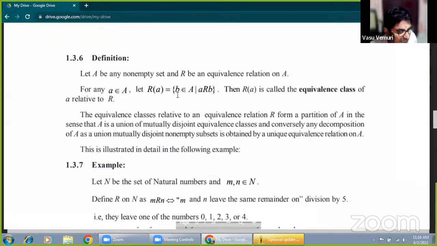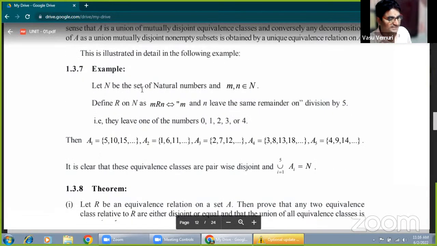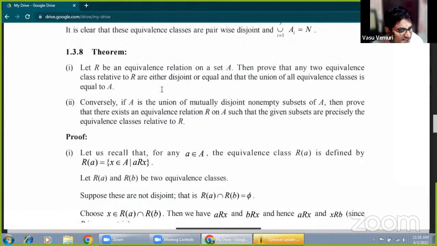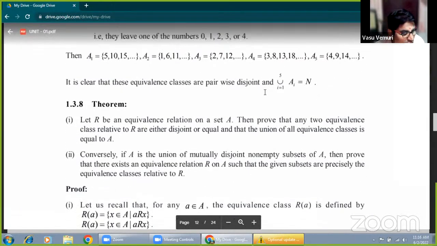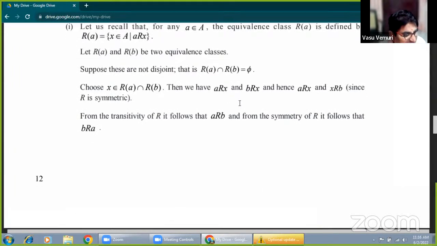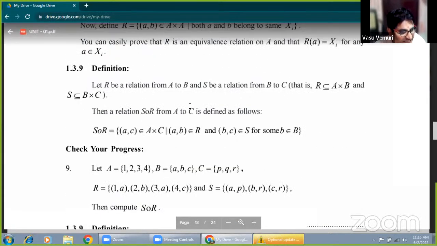The remaining ordered pair element is b, which also belongs to capital A. So the elements related to a by the relation form what is called the equivalence class of a relative to capital R. These are all well-practiced sums. Examples are not covered here; you just have to look at the definitions. Now, another definition.